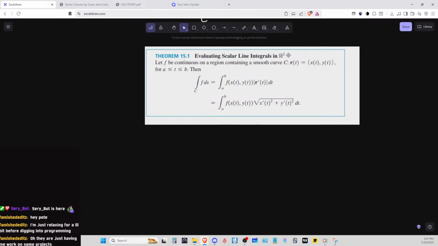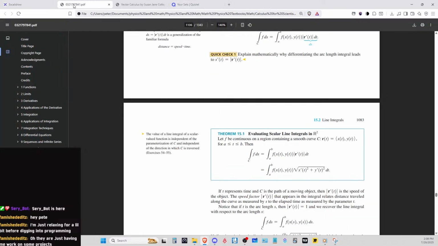So we got an example of what we should see in scalar line integrals. Let f be continuous on a region containing a smooth curve. Okay. And these are the derivatives of x and y in t. Okay. Maybe I should move this over here.